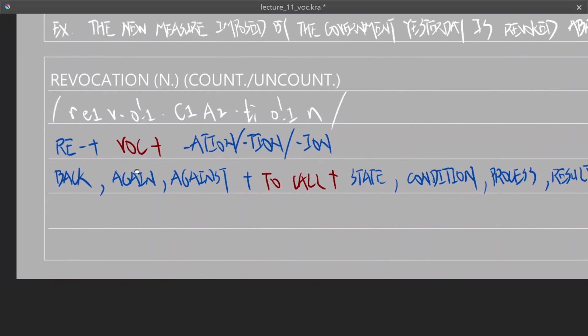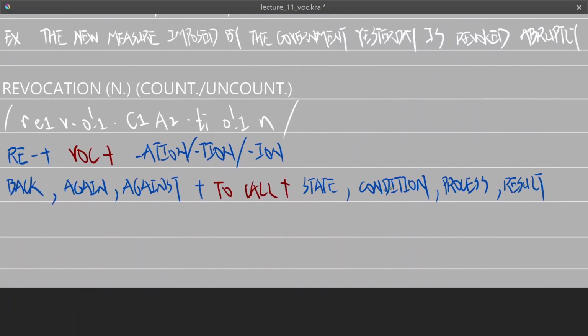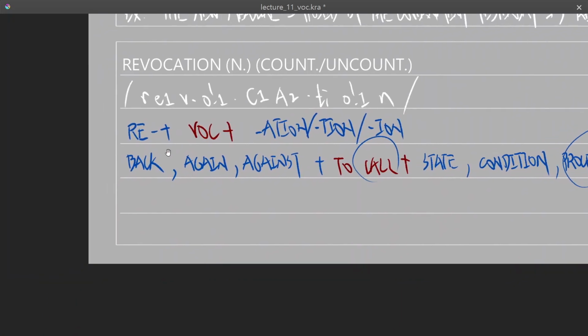Right, so revocation literally means the process of calling something back.